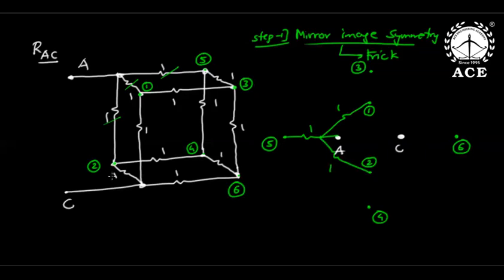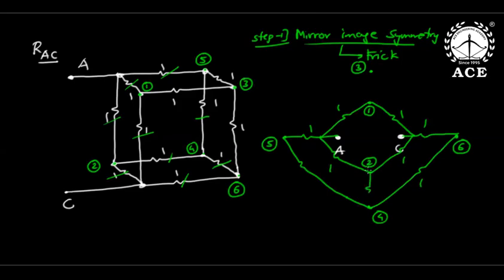Then similarly, C to 1, C to 2, C to 6, each is 1. That is also true. Then 4 to 5 is 1, 4 to 6 is 1, and 4 to 2 is also 1.